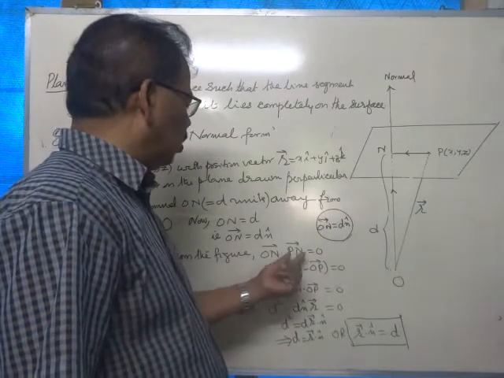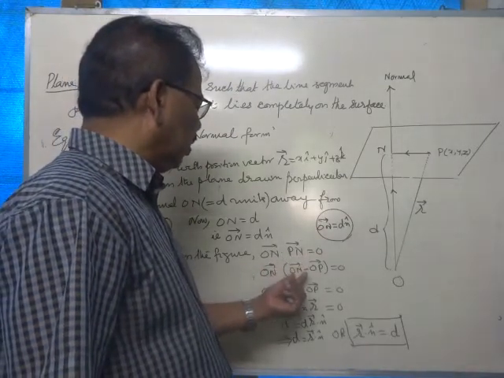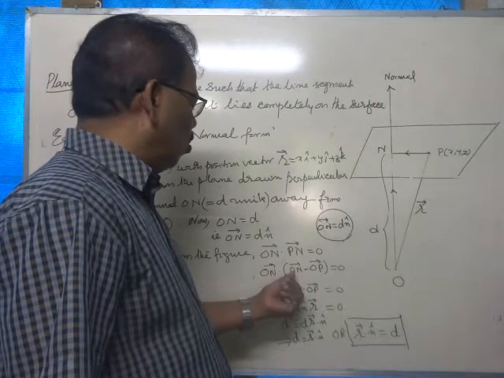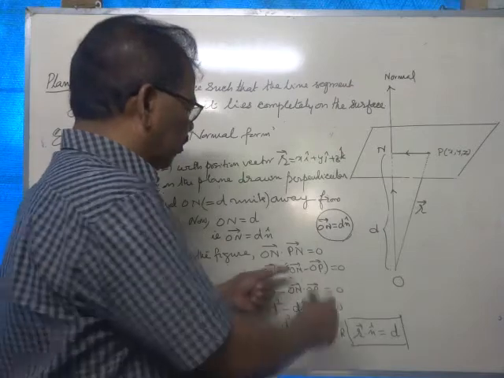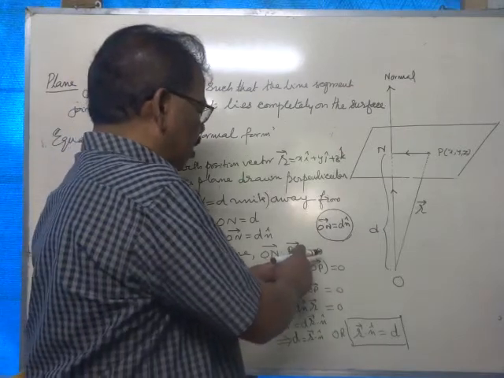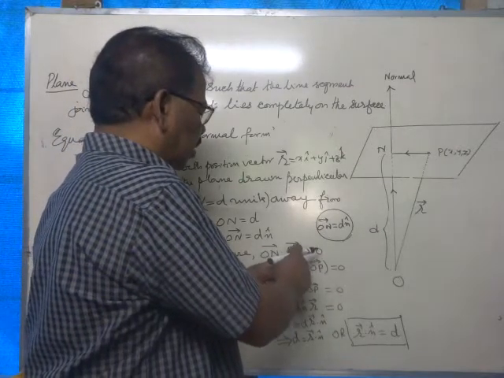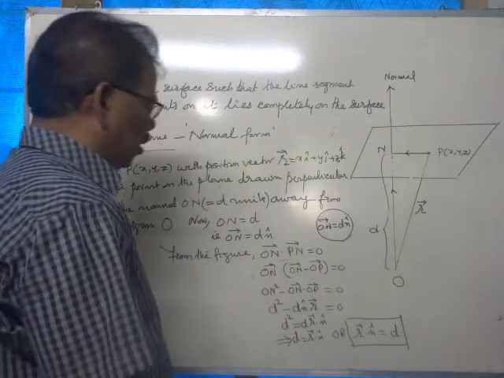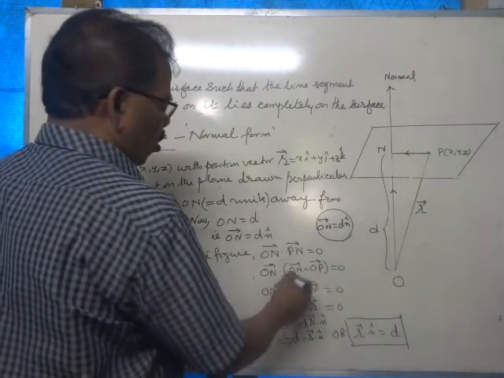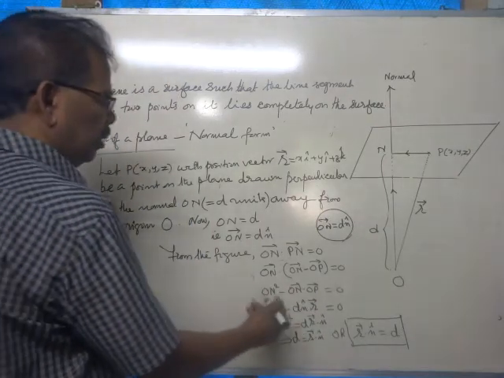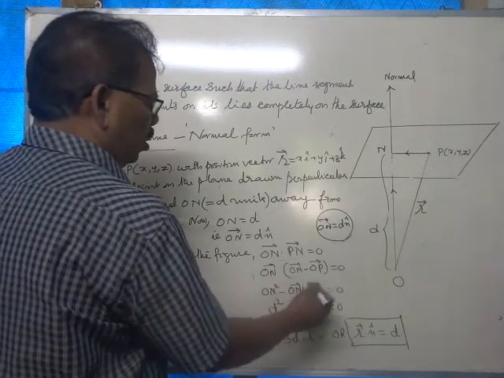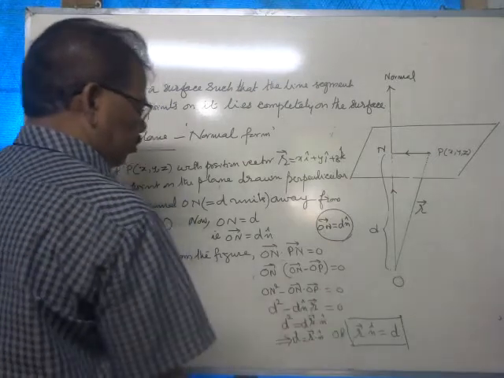Now this PN can be written as vector ON minus vector OP, that is position vector of the terminal point minus position vector of the initial point. Now ON dot ON is equal to ON square, a scalar, minus ON dot OP equals 0.